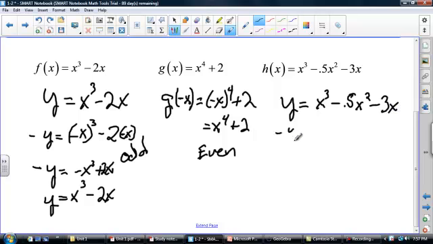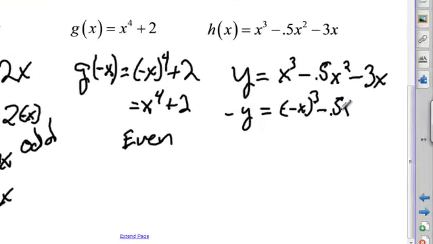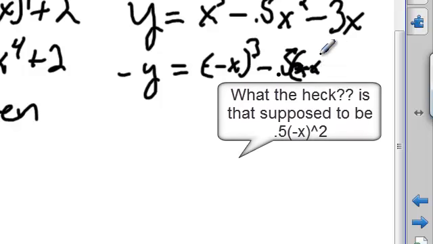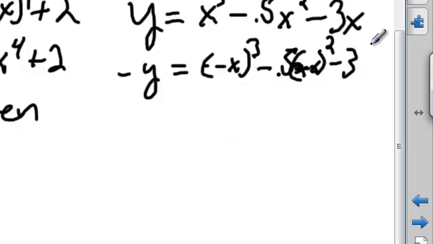So then negative y equals negative x cubed minus 0.5 times negative x squared minus 3 times negative x.